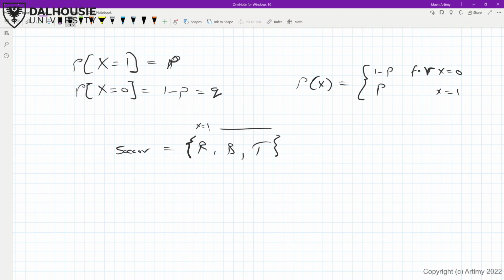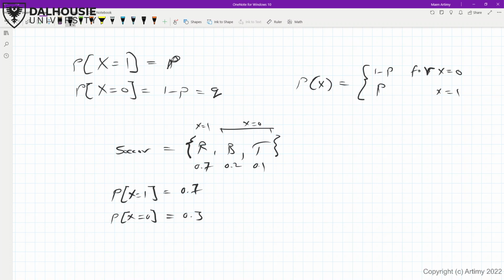The rest will be x equal 0. In the previous recording, I assigned 0.7 for red wins, 0.2 for blue wins, and 0.1 for tie. So in this case, P of x equal 1 is 0.7, and the rest, for everything else, will be obviously 0.3, which is 1 minus 0.7, right?